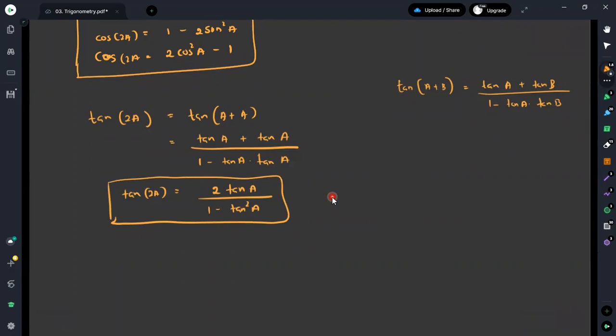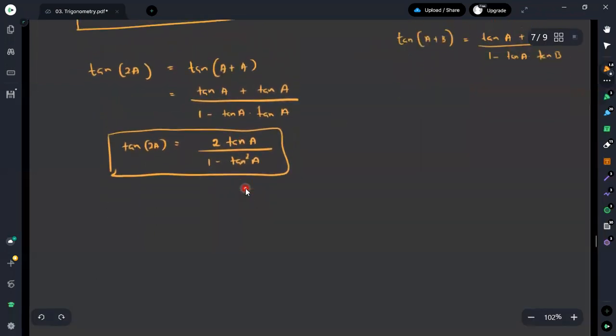Therefore, if you do some numeric substitution for these angles, I have not done it for cosine as well. If it is cosine 120, then this can be taken as cosine 2 times 60 degrees.